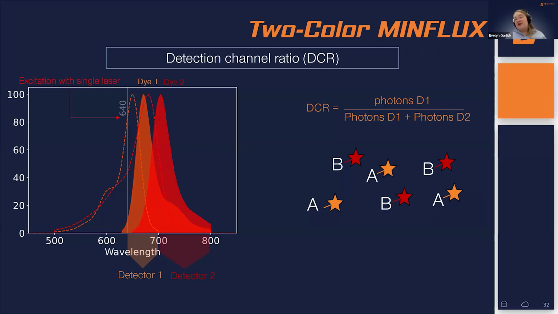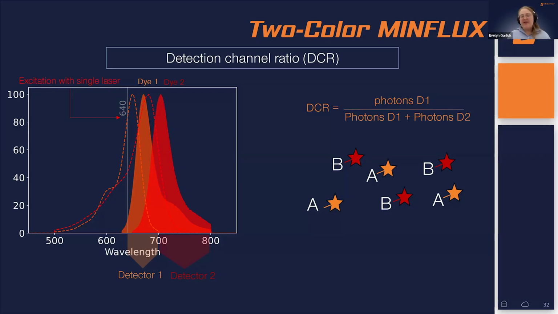The other method of doing two-color MINFLUX is using a ratiometric approach, so spectral unmixing, essentially. We use two dyes that are spectrally distinct, but both excited with the same laser. Our favorite combination is Flux 640 and Flux 680, as these both behave very nicely under similar buffer conditions.